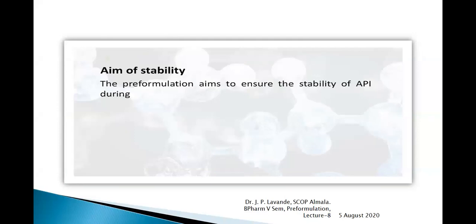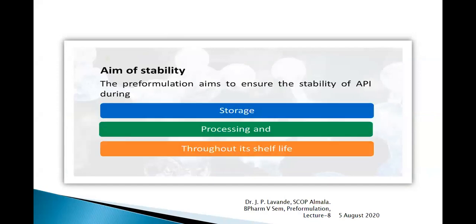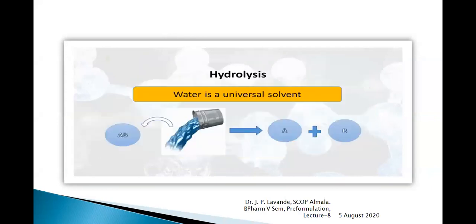So what is the aim of stability? Particularly in pre-formulation, the aim is to ensure the stability of the API during storage, processing, and throughout its shelf life.